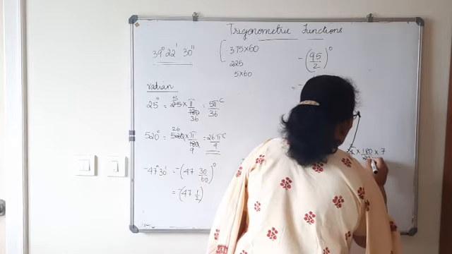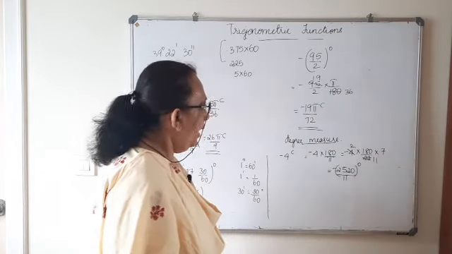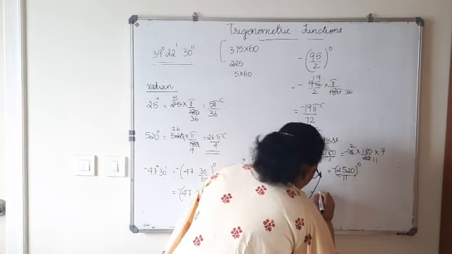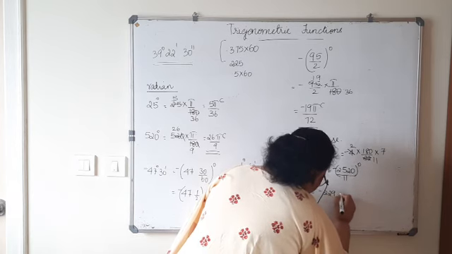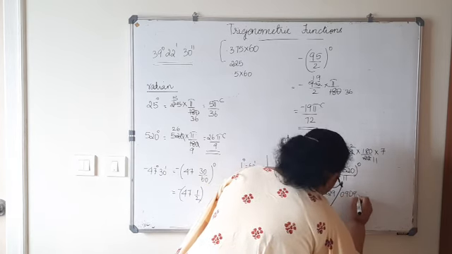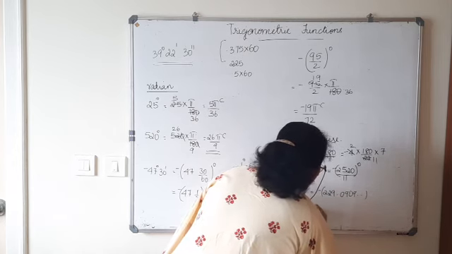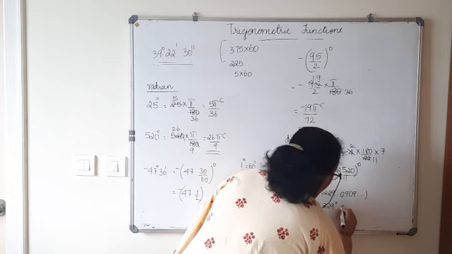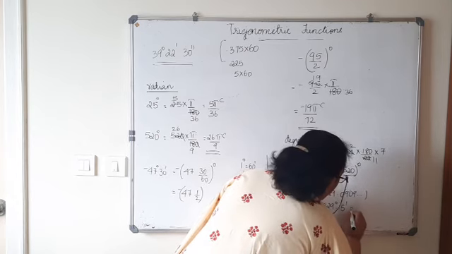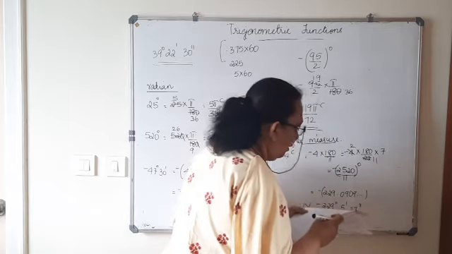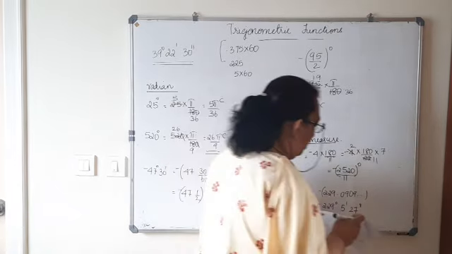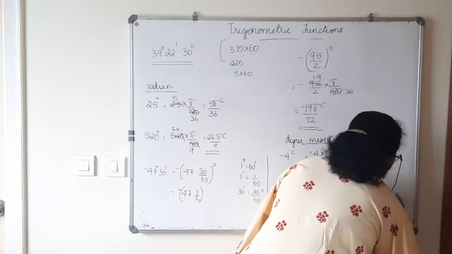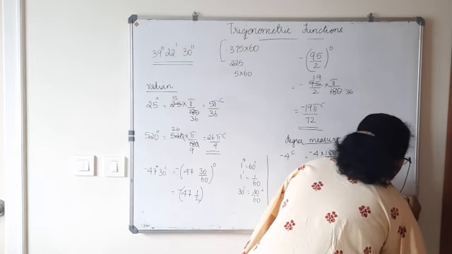2 times 2, 11 times. You can use your calculator. And when you divide using the calculator, you are getting this as minus 229.0909 etc., which is approximately equal to minus 229 degrees 5 minutes and 27 seconds. Because first you multiply 0.0909 into 60 minutes.